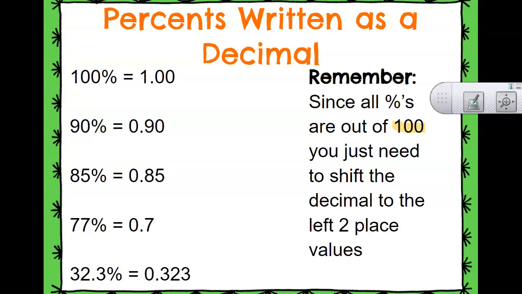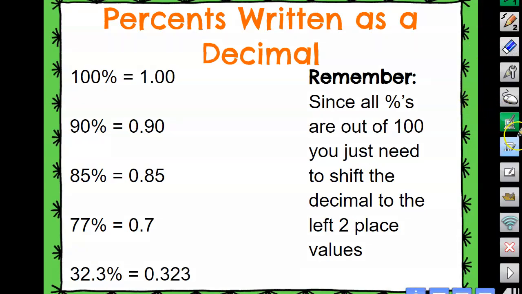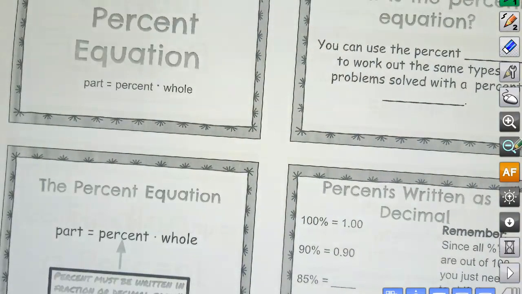And when we divide by 100, all that's really happening is we are shifting the decimal 2 places to the left. So that's the shortcut version: when you write your percent as a decimal, all you're going to do is shift your decimal 2 to the left.